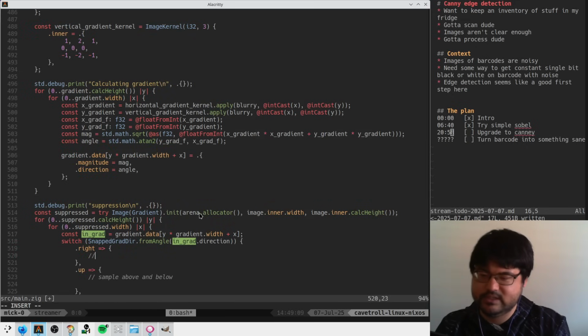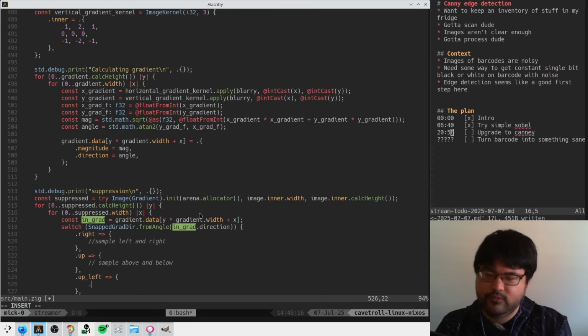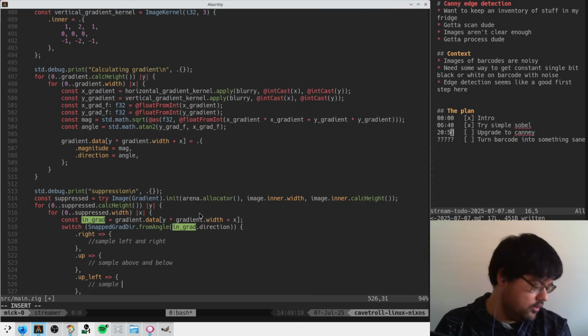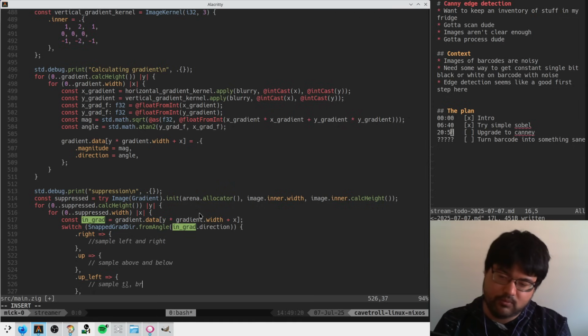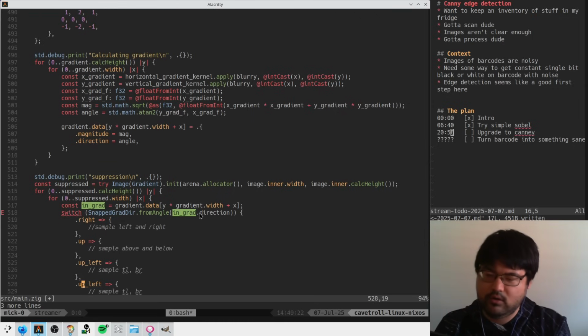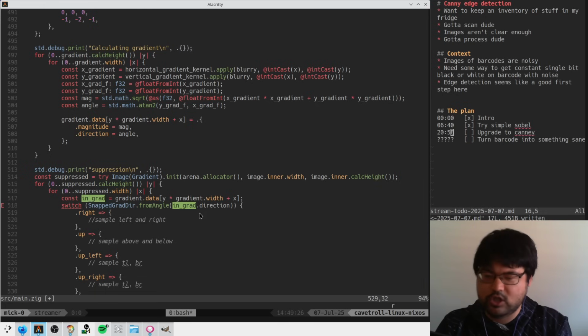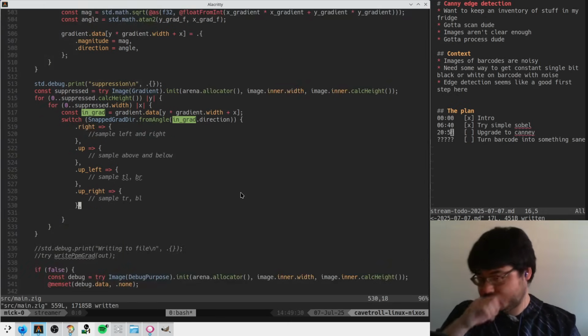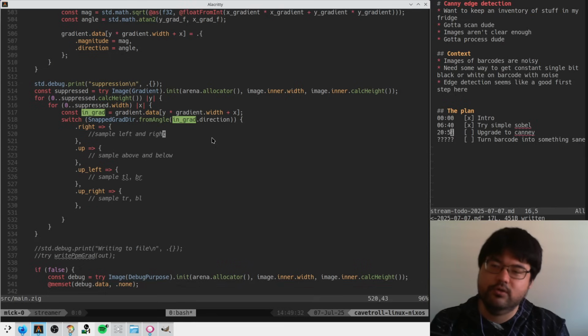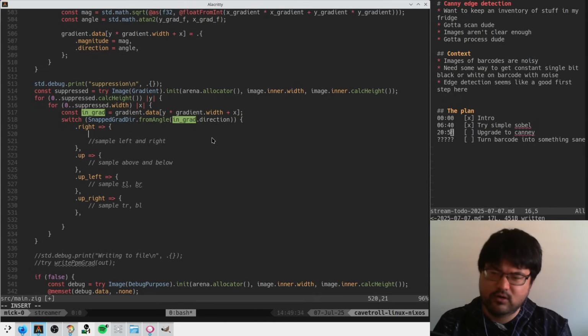This is sample left and right. This is sample top left and bottom right. And this is sample top right and bottom left. Okay. So I think what we do is we just return the indexes here.